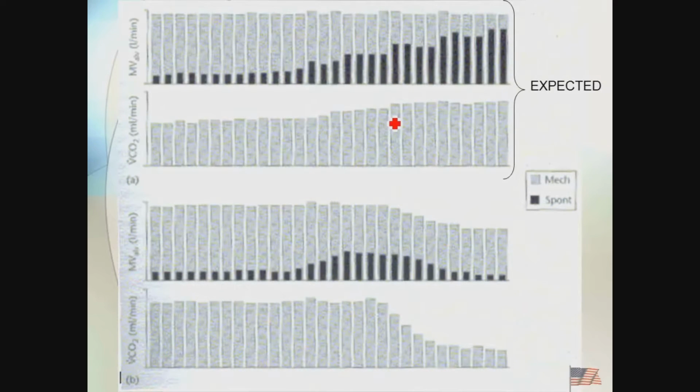I'm reducing the portion of the minute volume that is contributed by the machine, increasing the amount that the patient is doing. And the amount of CO2 that's eliminated gets a little bit larger as we go along. Why does the CO2 elimination get larger?